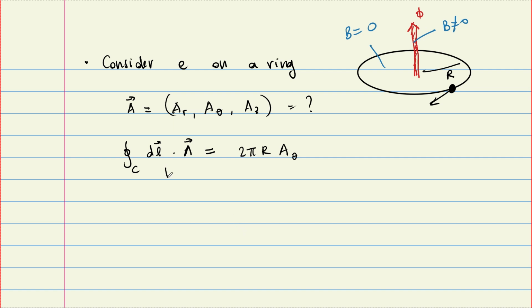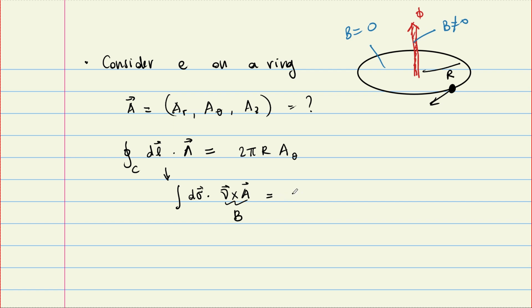But I can rewrite this by using the Stokes theorem. By Stokes theorem, this is converted to an area integral, which is d sigma dotted onto curl of A, but curl of A is B, and the area integral of B over all the region is what?